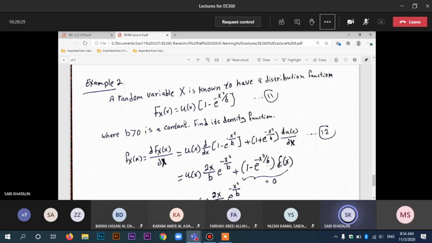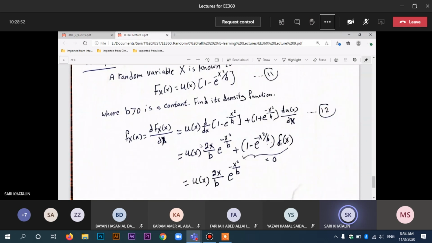We're given F(x) where b is larger than 0, a constant. Obviously it has to be larger than 0, otherwise the exponent would be infinite and the whole thing would be 0. Now we need to find the PDF. All the examples are just find CDF, find PDF, find CDF, find PDF. It's the same process, just to make sure we understand it.